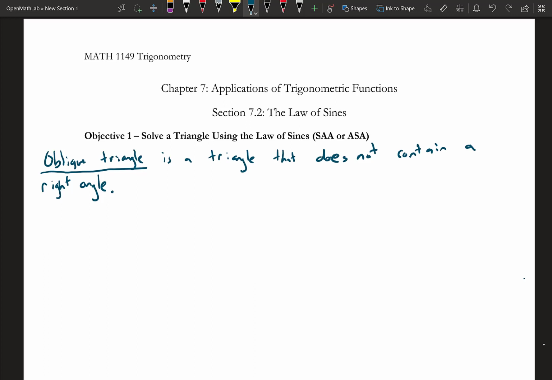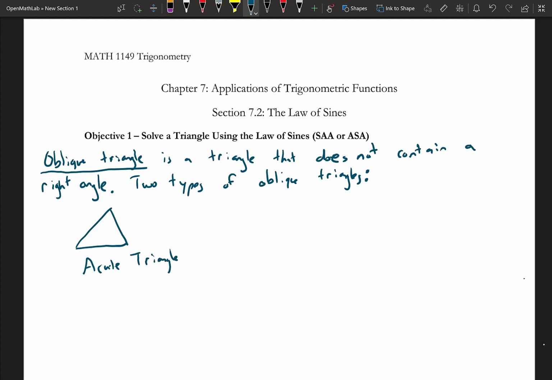All right, so this is going to be our focus, like I said. There are two types of oblique triangles. We can have an acute triangle, where all the angles in the triangle are acute.